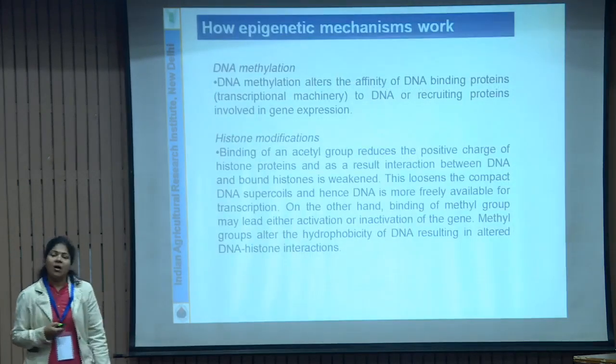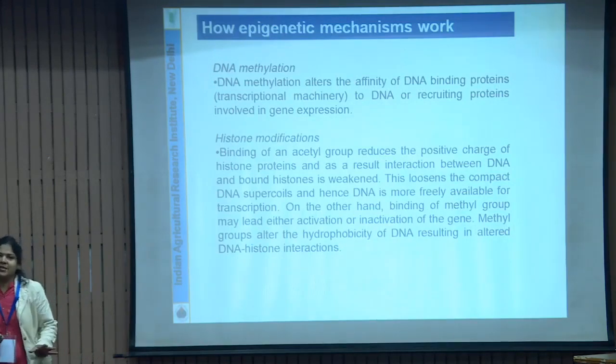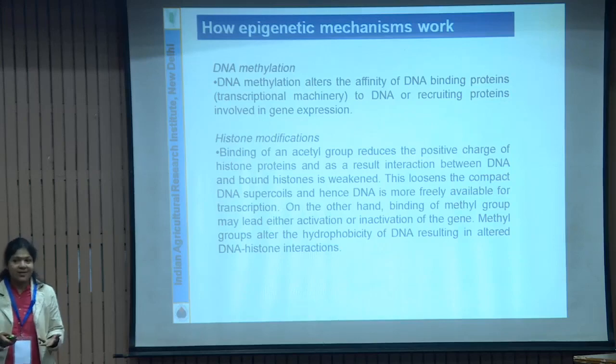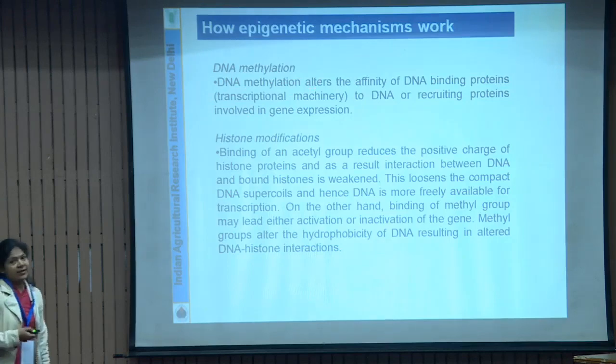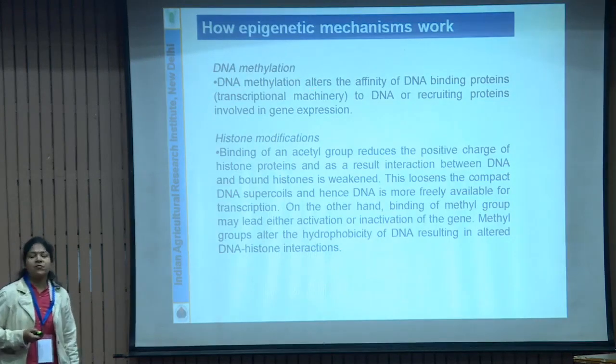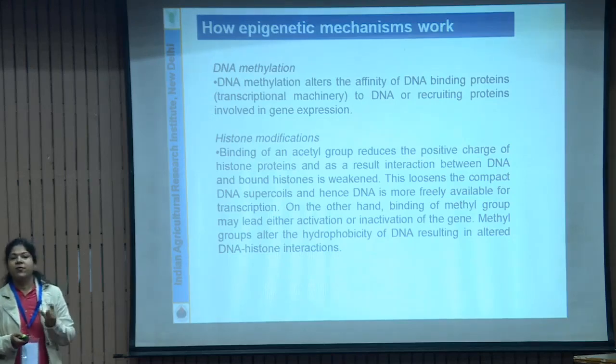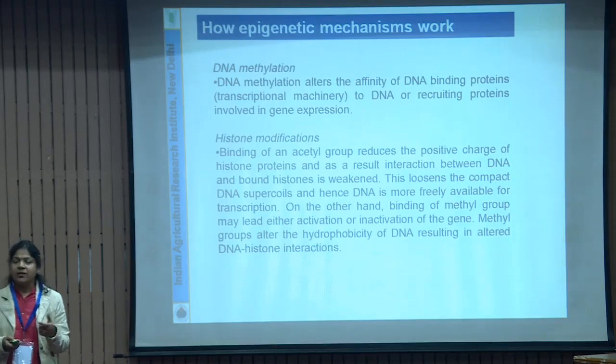Before that, I will tell how these epigenetic mechanisms work. Since we know that there is no change in the sequence of DNA, still variation is there. In terms of DNA methylation, what it does is alter the affinity of proteins which bind to DNA. And we know that for expression of any gene, transcription has to happen on DNA. That means RNA has to be synthesized.